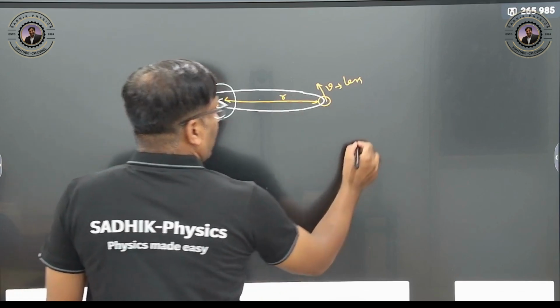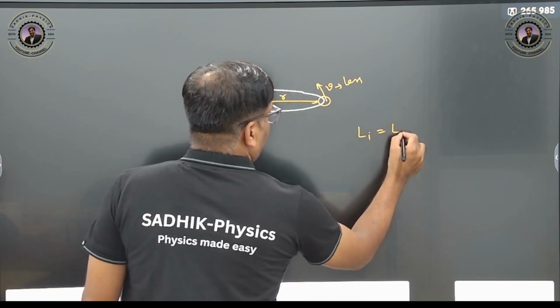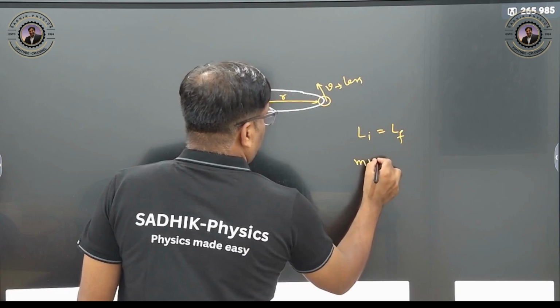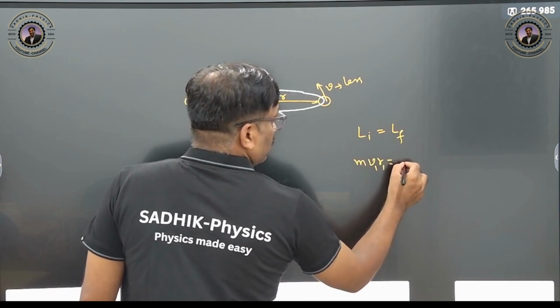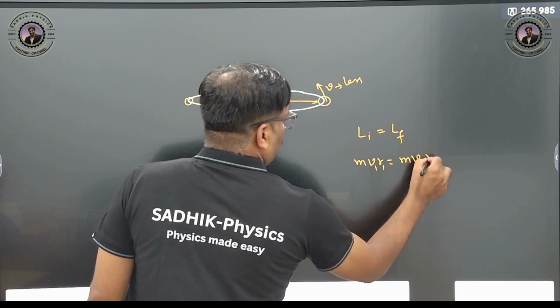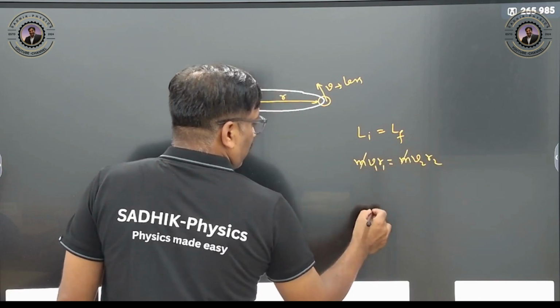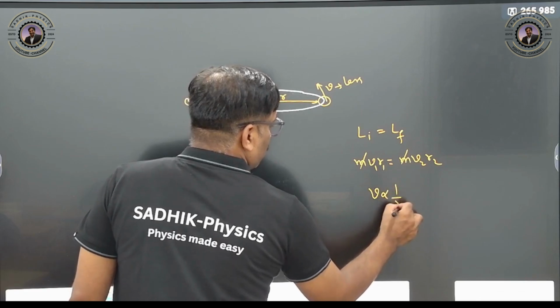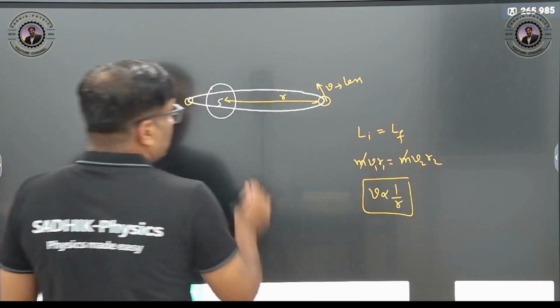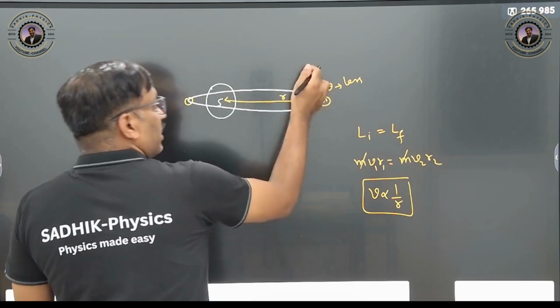Initial angular momentum equals final angular momentum, so you can write m1 v1 r1 equals m2 v2 r2. Therefore v is inversely proportional to the distance. If the distance is larger, the speed of the planet will be lesser.